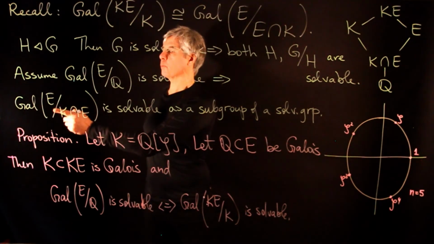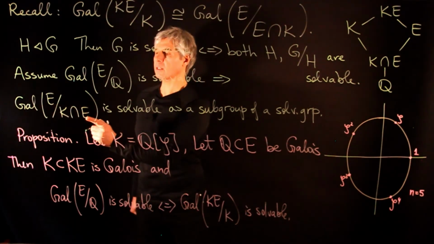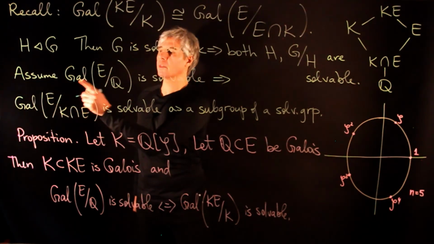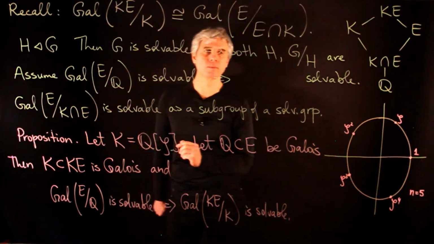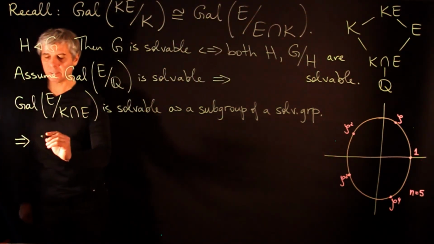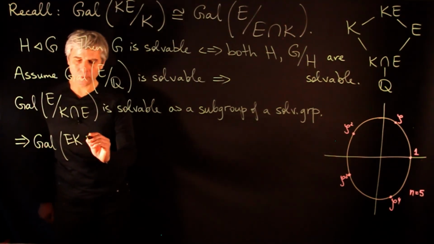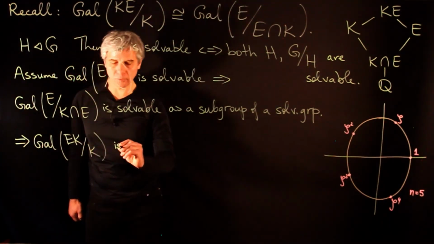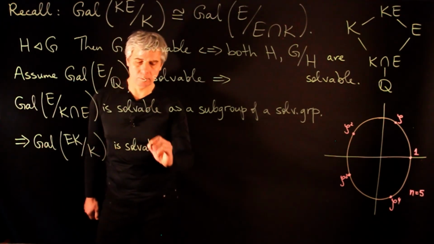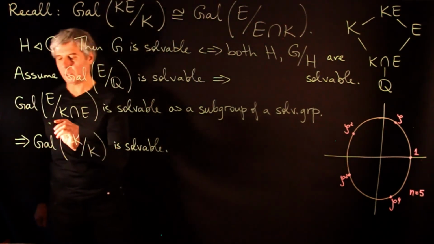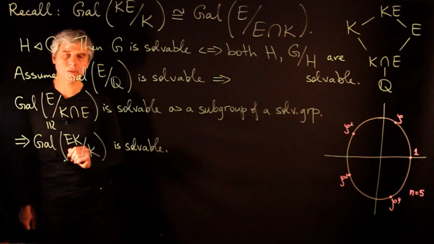And the Galois group of E over K intersected with E is a subgroup in the Galois group of E over Q. And this tells us that the Galois group of EK over K is solvable, since these two groups are isomorphic.